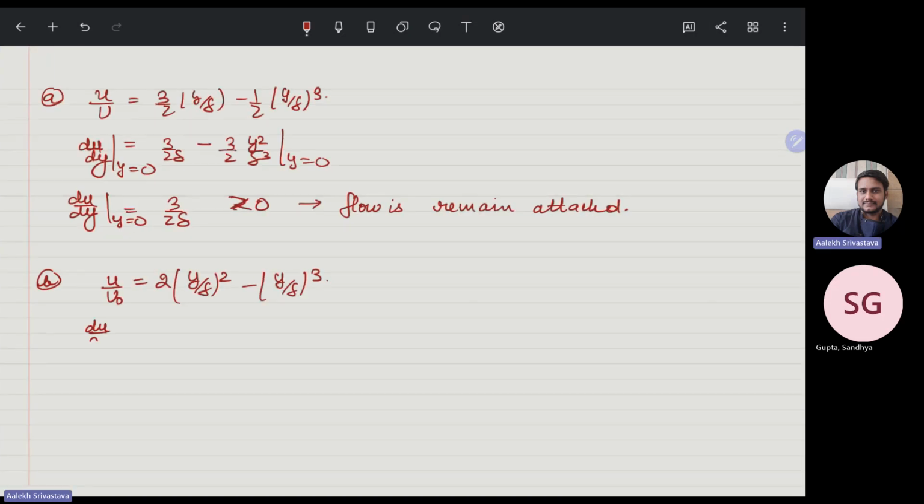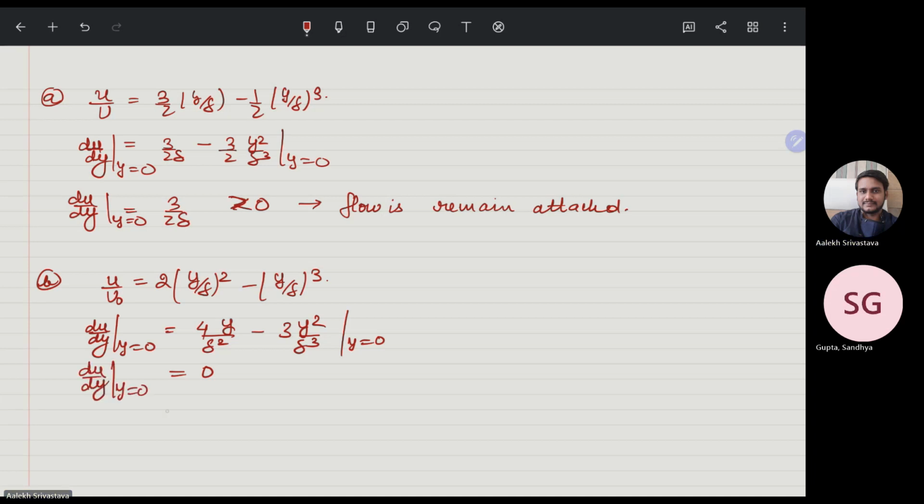So we find del u by del y at y equal to zero. You will get 4 times y by delta square minus 3y square by delta cube at y equal to 0, and this is equal to 0. Therefore, this is at the verge of separation.